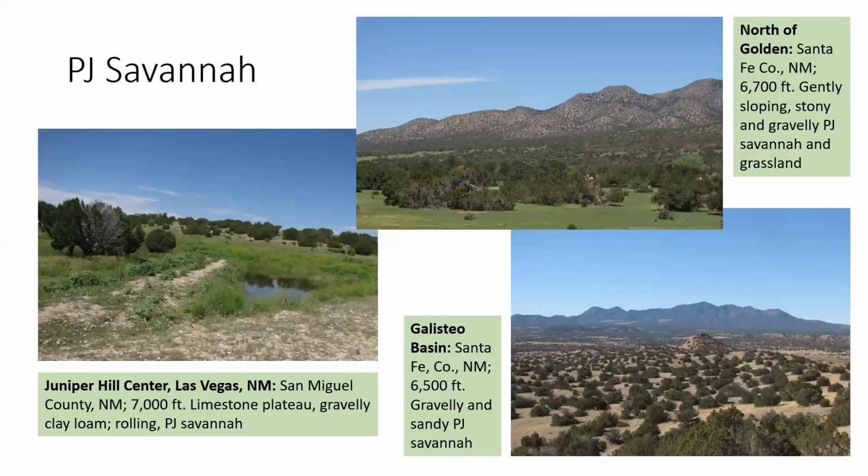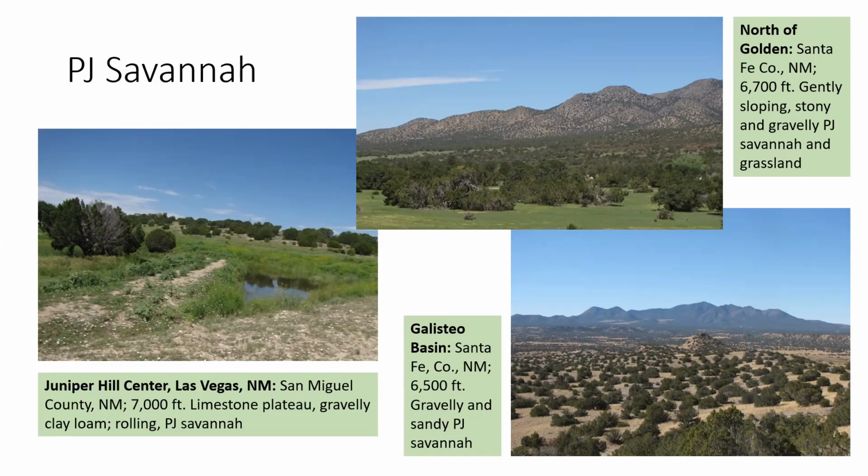And then the pinon juniper savanna. Like here at Juniper Hill Center, east of Las Vegas in San Miguel County at 7,000 feet on a limestone plateau, very gravelly, clay loam soils, rolling terrain. And this pinon juniper savanna eventually turns into a pure juniper savanna if you move more to the east, for instance, around Conchas Lake.